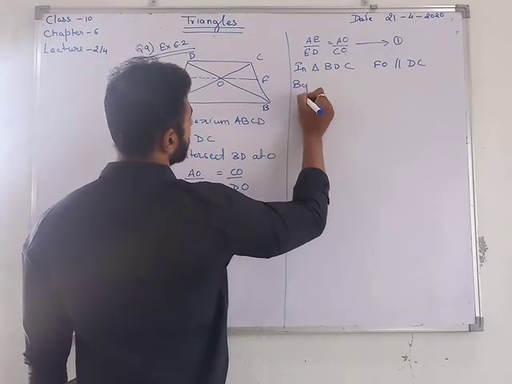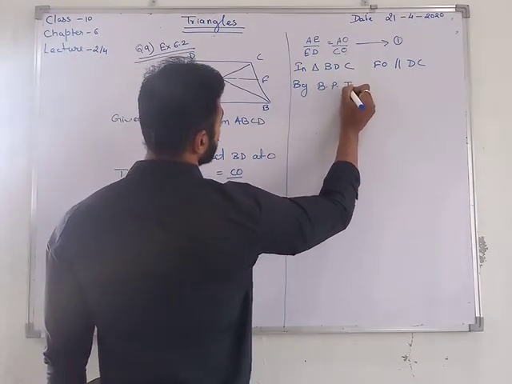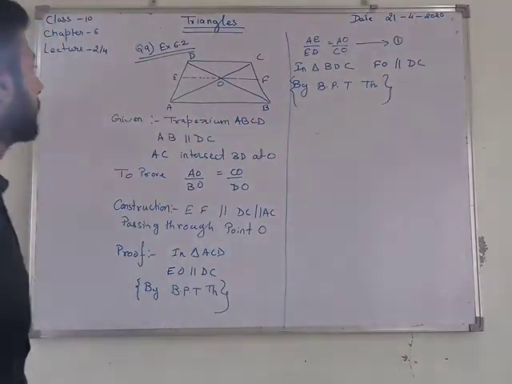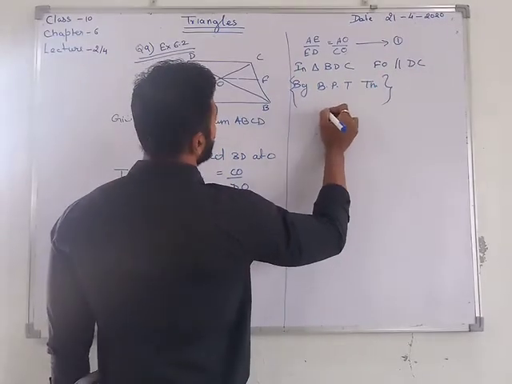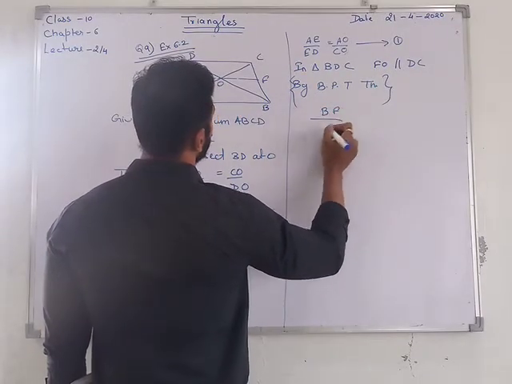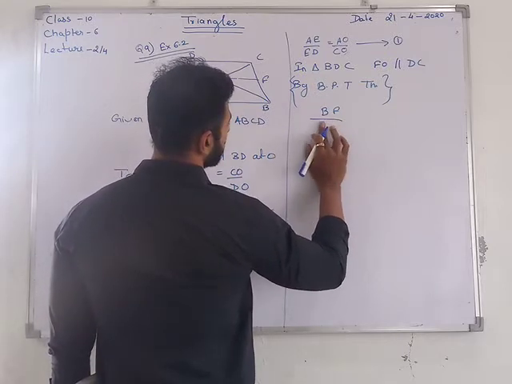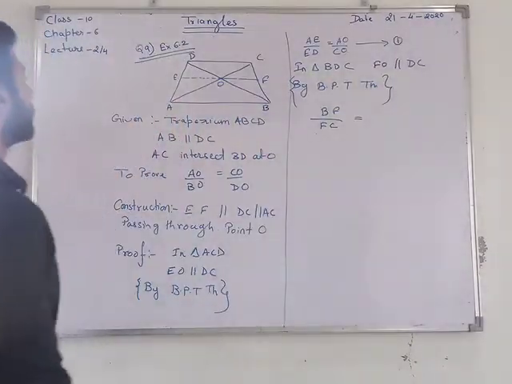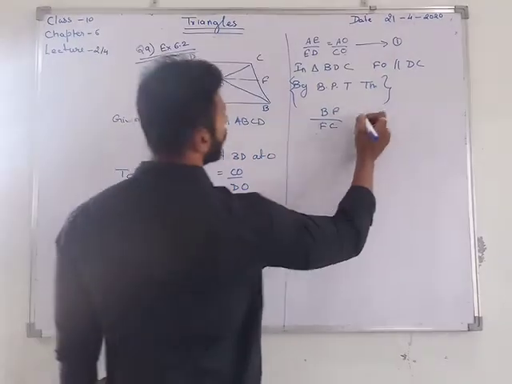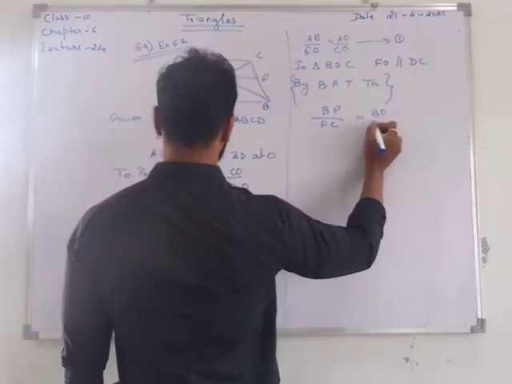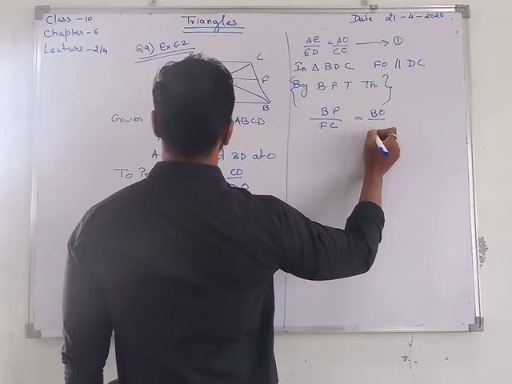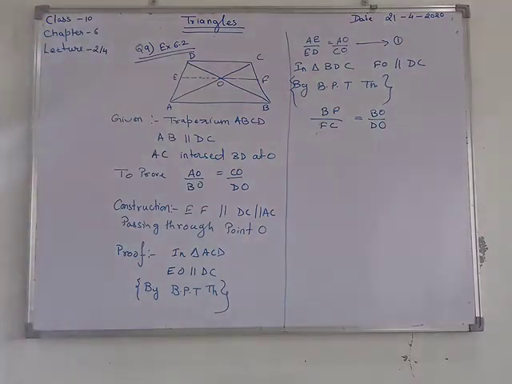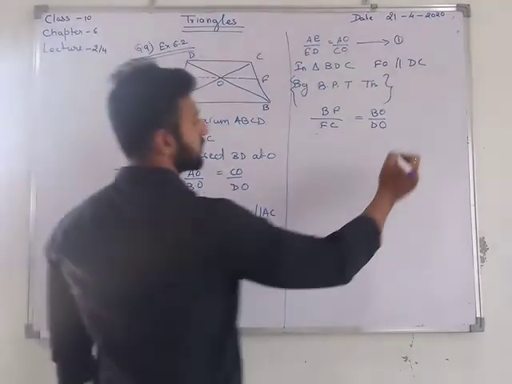By BPT theorem, we can write BF upon FC is equal to BO upon DO. Now writing this as second.